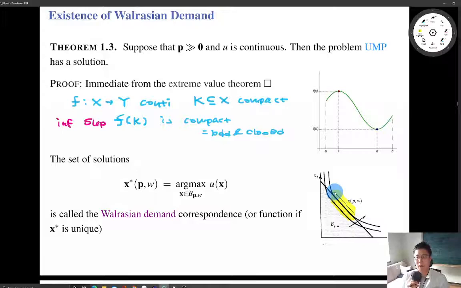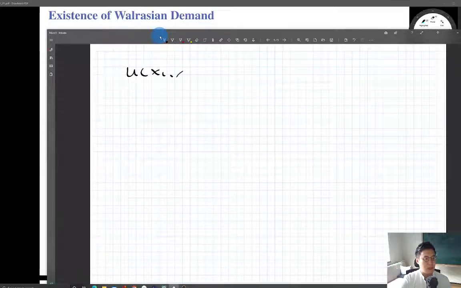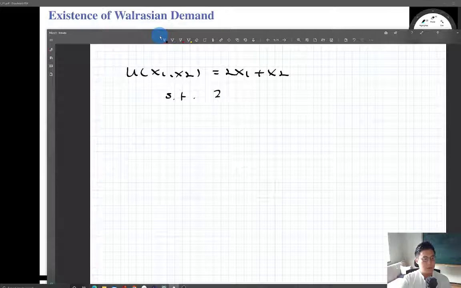Another example of multi-valued Walrasian demand appears in the context of perfect substitutes. Remember, if we have a linear utility, say 2x1 plus x2, and the budget constraint 2x1 plus x2 is no more than 10.